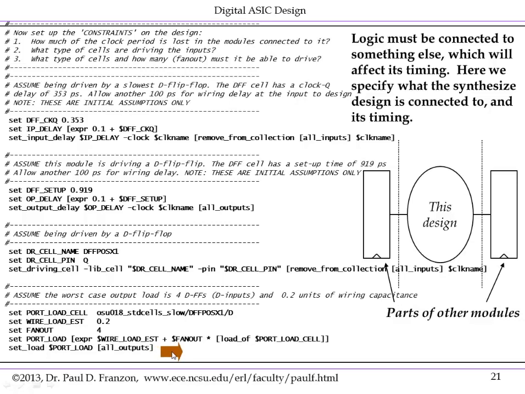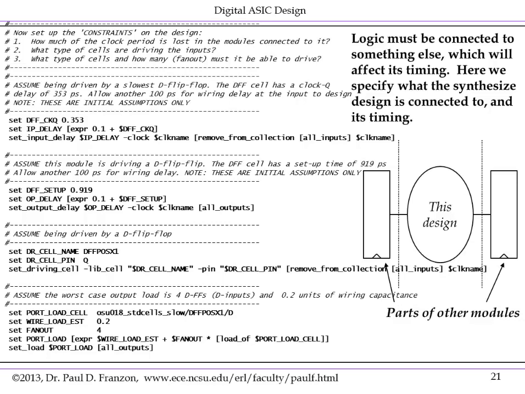So now what I have done is, for all my inputs and all my outputs, I've told Synopsys how much delay is external to my design and what the actual gates are that are external to my design, so it can calculate the contribution of the interface delay to the actual driving strength and loads of the actual gates that are involved. And this is very important to get the timing accurate.